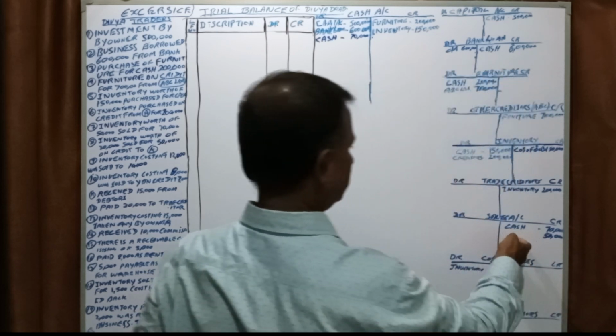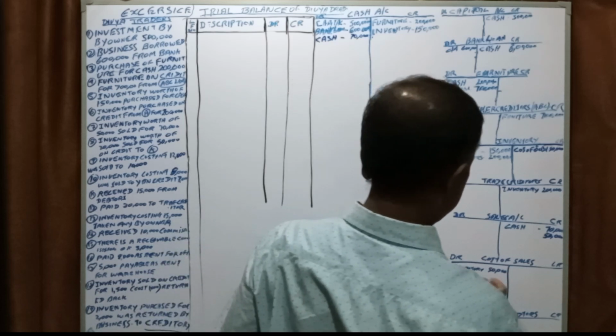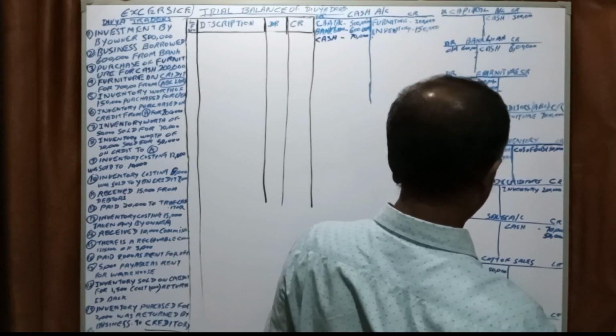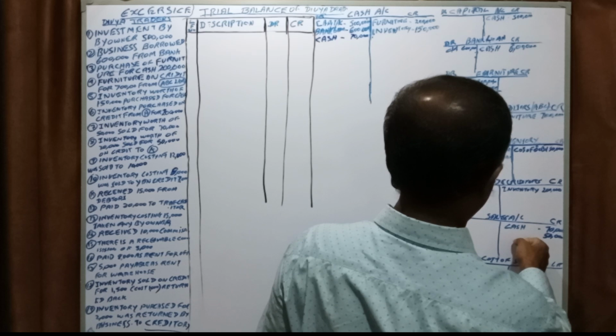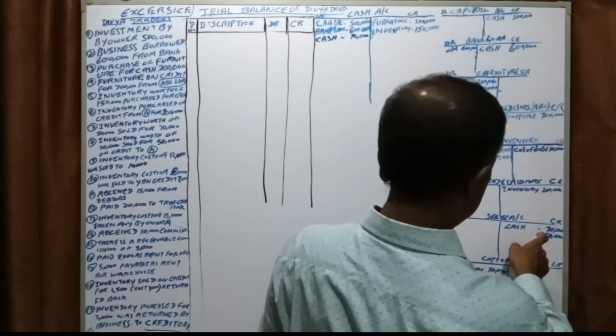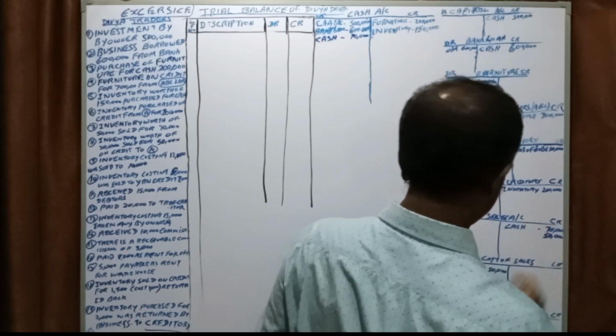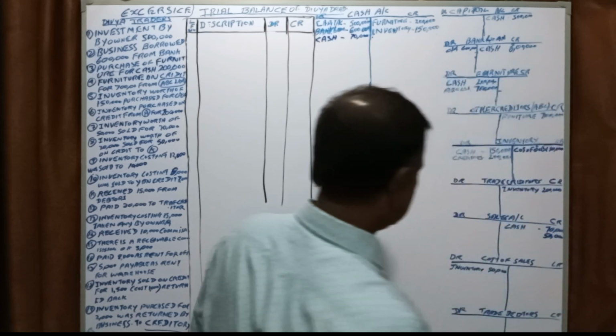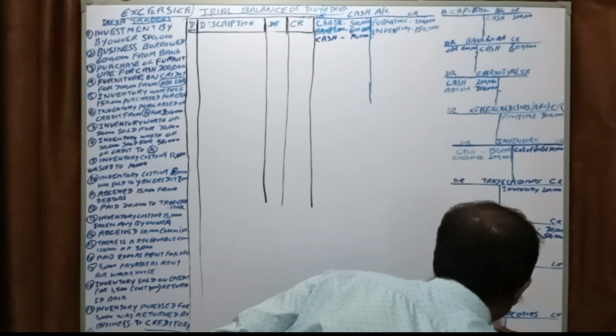Wait. Here we didn't put the narration. We are here cost of sales is 50. Then we have to say here cost of sales inventory. Okay. Sales account credit and trade debtors is debited because cash receivable.